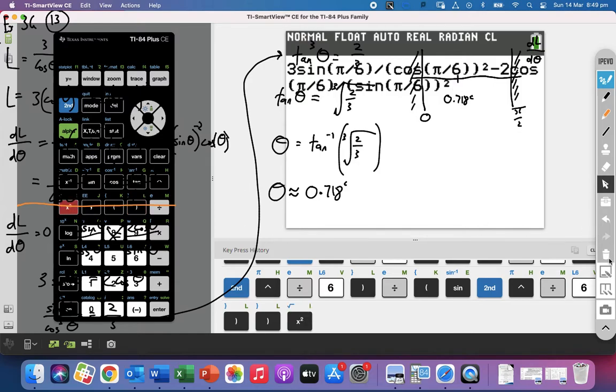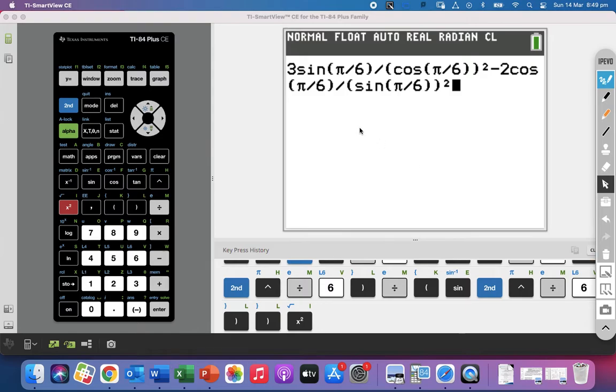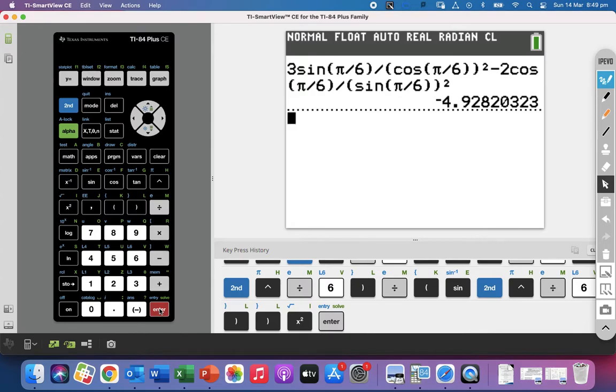Alright, now I'm just going to hide the, there we go, so I've done 3 sine theta divide cos theta all squared. I've chosen 30 degrees, pi on 6, minus 2 cos pi on 6 divide sine pi on 6 all squared. That gives a negative.